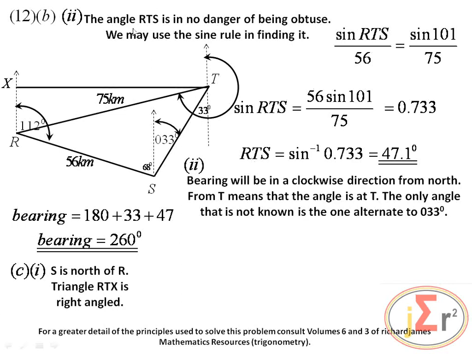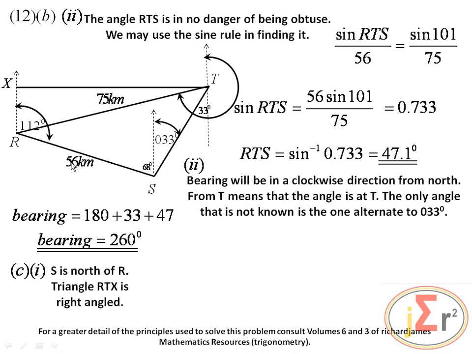So the triangle that we form now, because this travels west and now it is north of R, we are sure that that triangle is right angled. Now we need to calculate the distance TX.